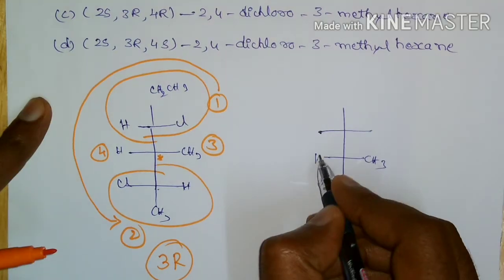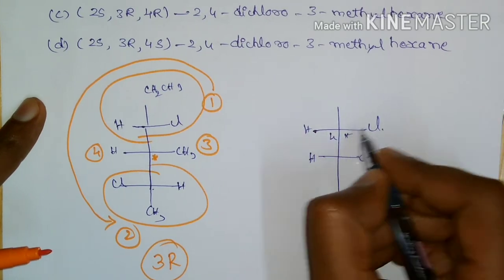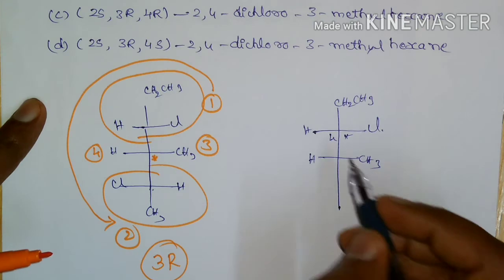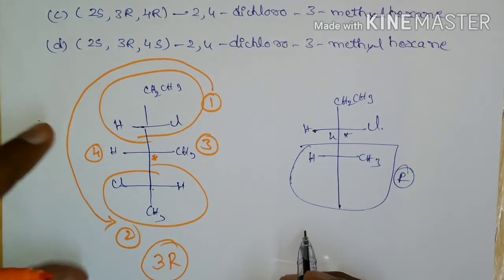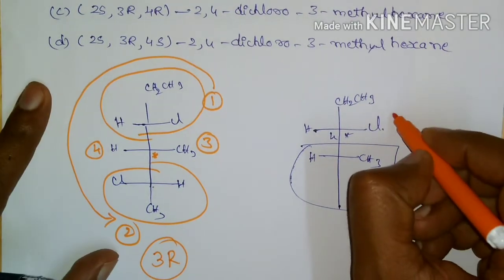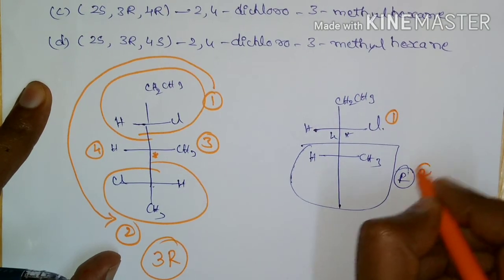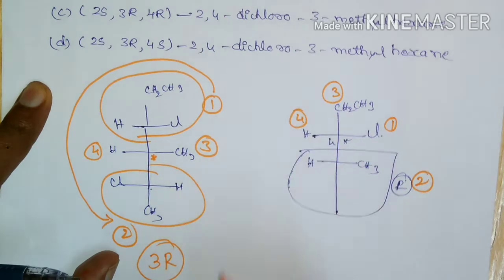Similarly, the fourth carbon. Here this part will be called R. First priority will be given to chloro, this is going to take second, and this is third, fourth.